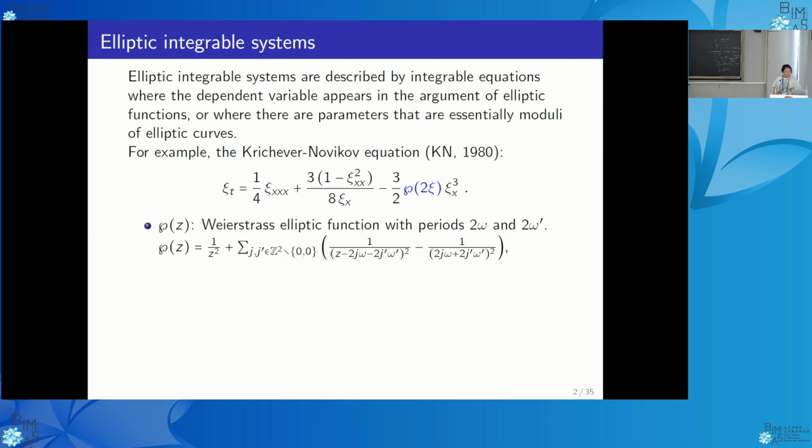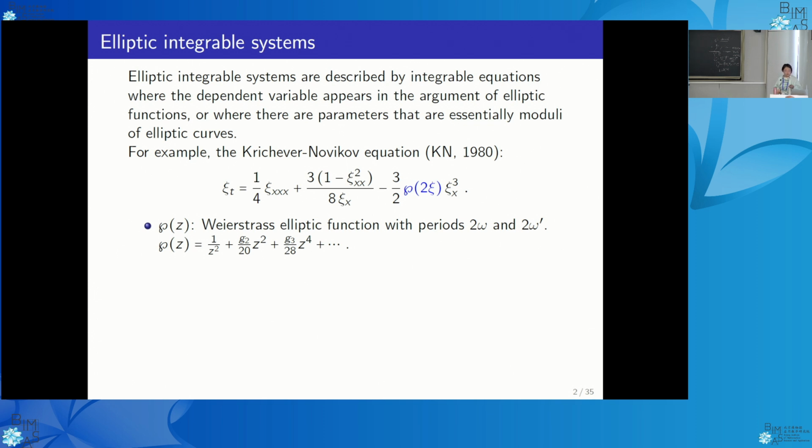This function is defined by this formula we can see here. And j and j prime are integers, but they cannot both be 0 at the same time. If we consider the neighborhood of the point z equals 0, it can be expressed in a Laurent series in this form.